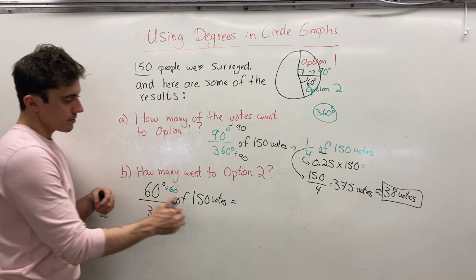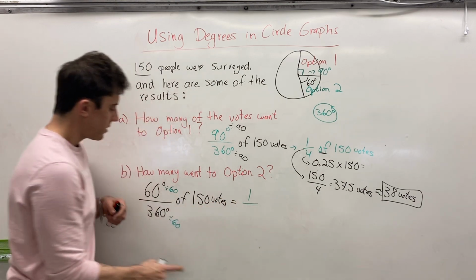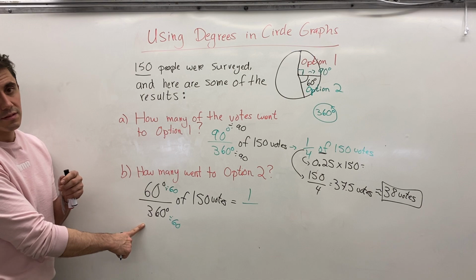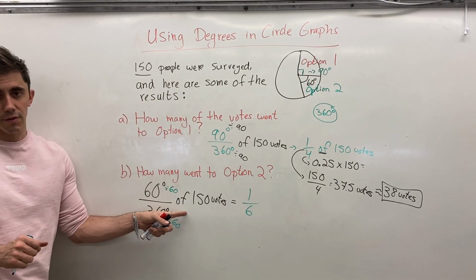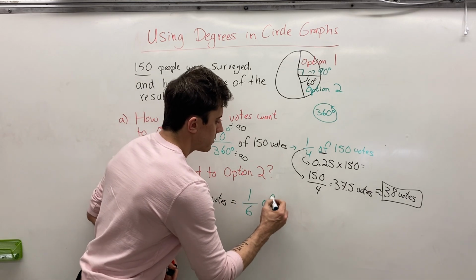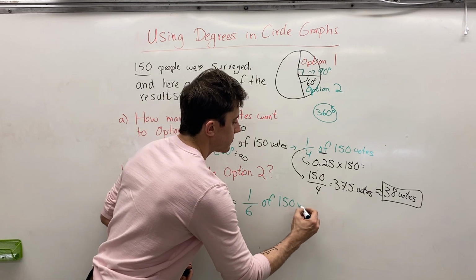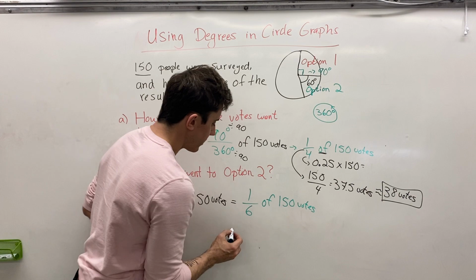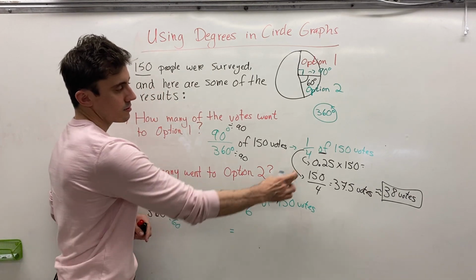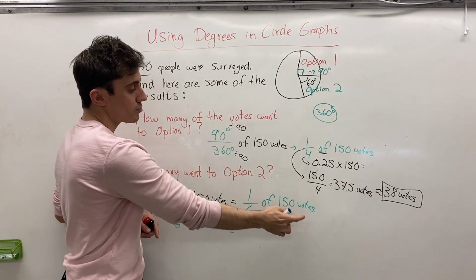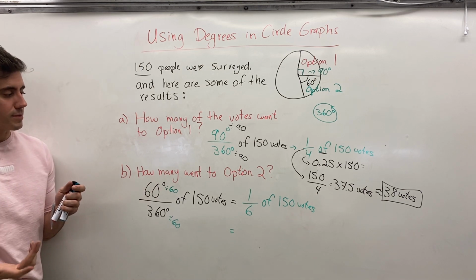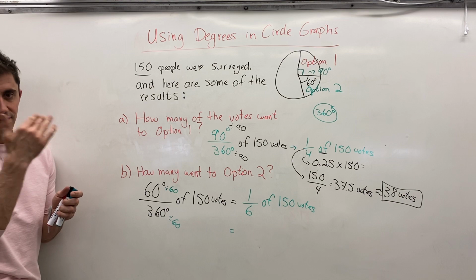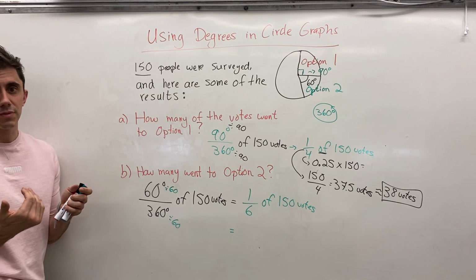And so 60 divided by 60 is clearly 1, and 360 divided by 60 is 6. And so now we're looking at 1/6 of the votes, or 1/6 of 150. And so again, you can convert this to a decimal, like we did up here, and then multiply, or you can think, well, 1/6 of 150 simply means 150 divided into six groups, right?